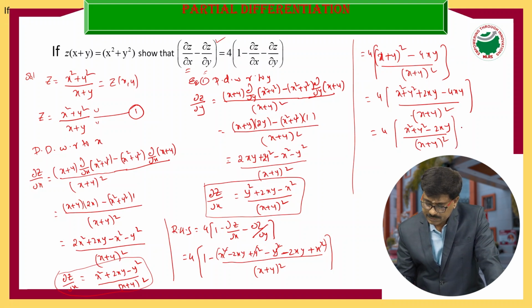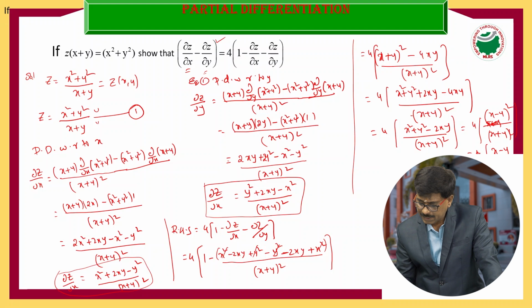How do you write this one? This becomes 4 into x minus y whole square divided by x plus y whole square. You can write this one, 4 into x minus y by x plus y whole square.